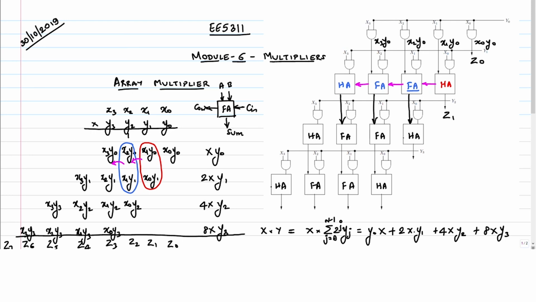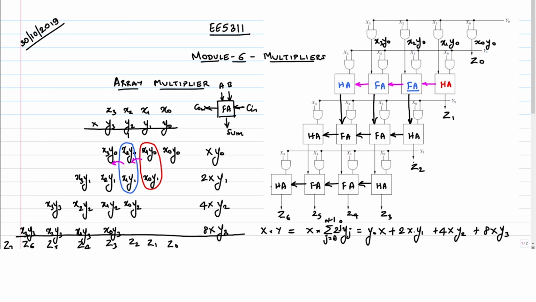Correct? So now what happens to the carry propagation again here? It's going to go like this. Right? And of course the sum has just come down like that. Okay. So what is this term here? Z2. This is Z3, Z4, Z5, Z6.